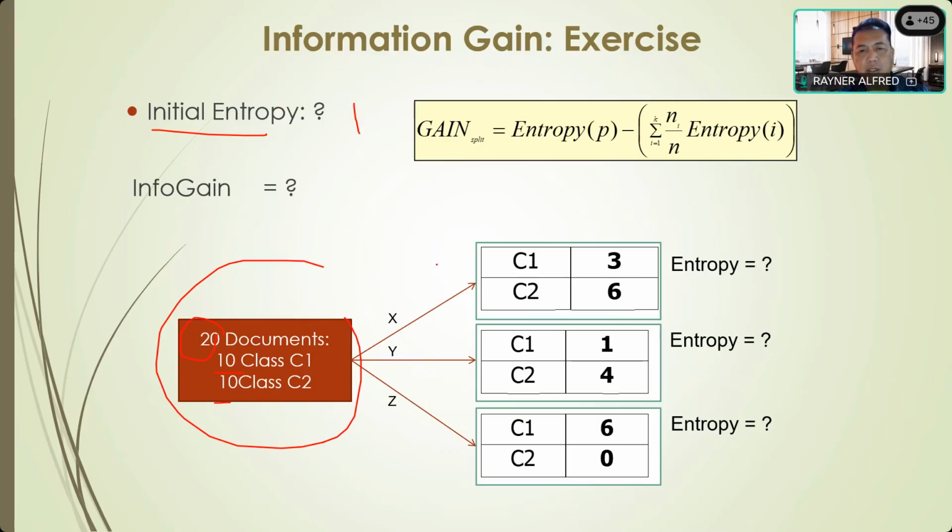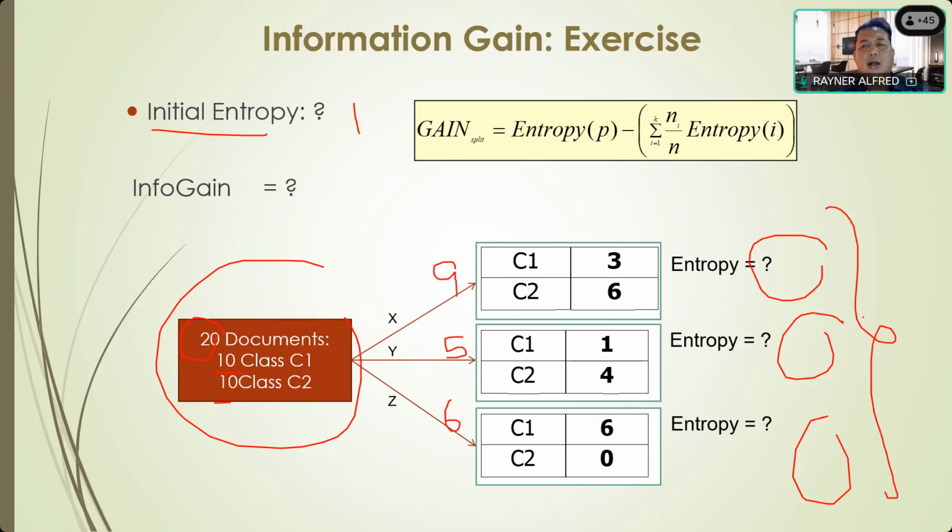So over here, X, you get 9 document. And then Y, we have 5 document. And then Z, we have 6 document. Okay, so find the entropy and then find the accumulated total entropy minus 1. So very easy.